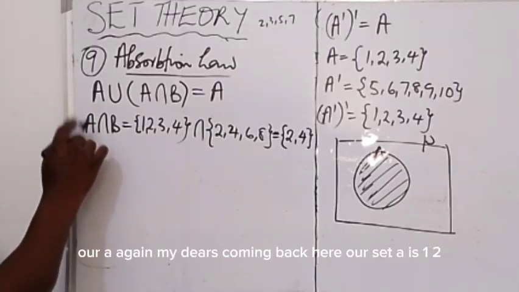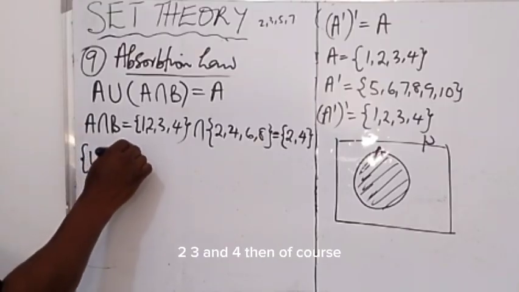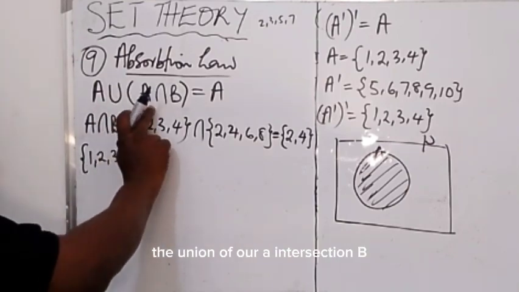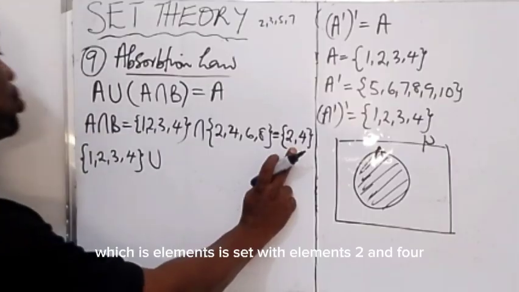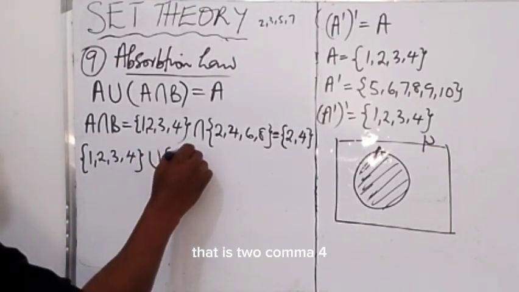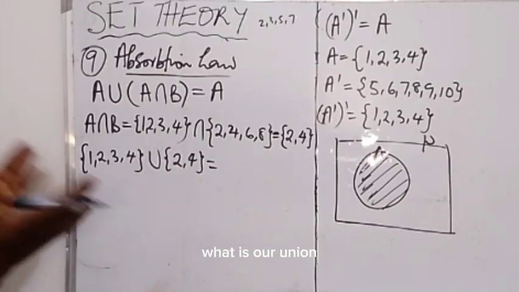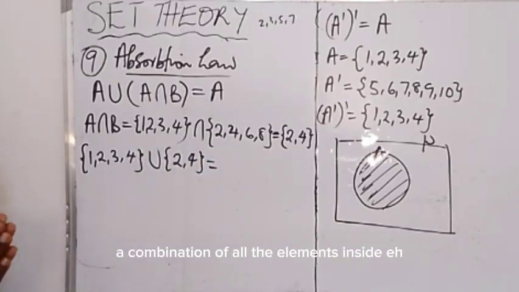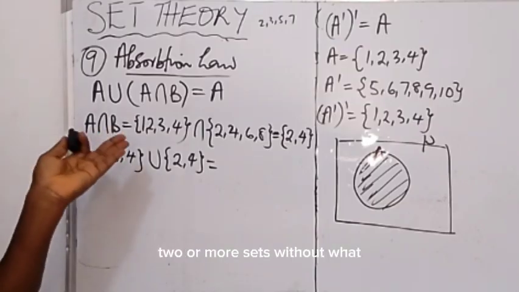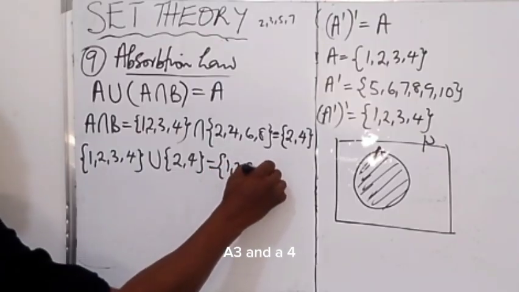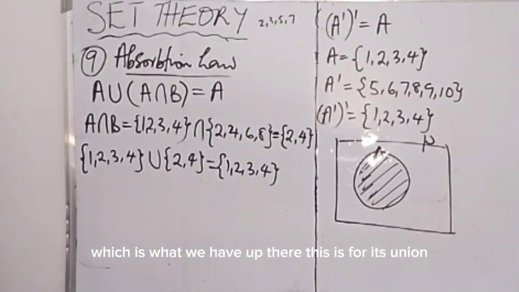Our set A is 1, 2, 3, and 4. Then the union of our A and A intersection B, which is a set with elements 2 and 4. If you look very well, what is a union? A combination of all the elements inside 2 or more sets without a repetition. So when you put that down, we end up having a 1, a 2, a 3, and a 4, which is what we have up there. This is for its union.